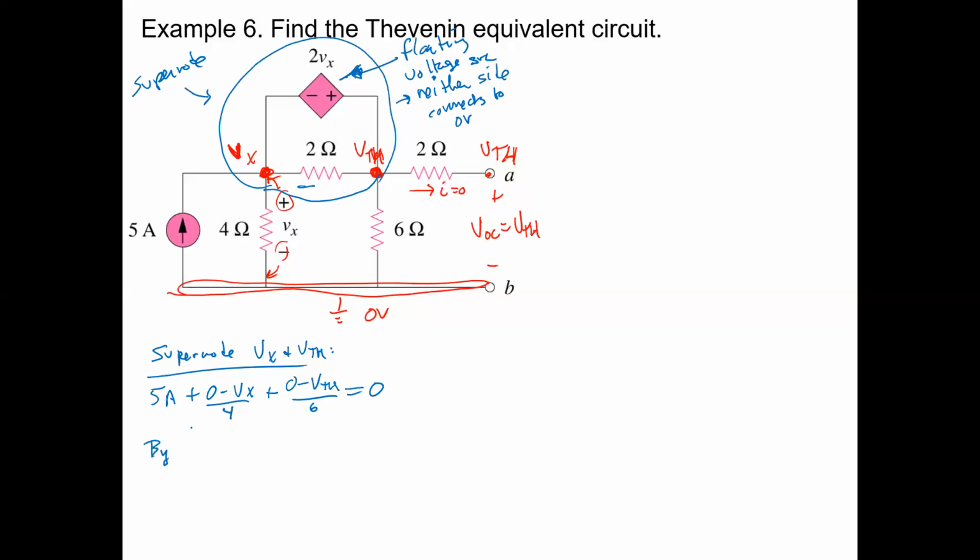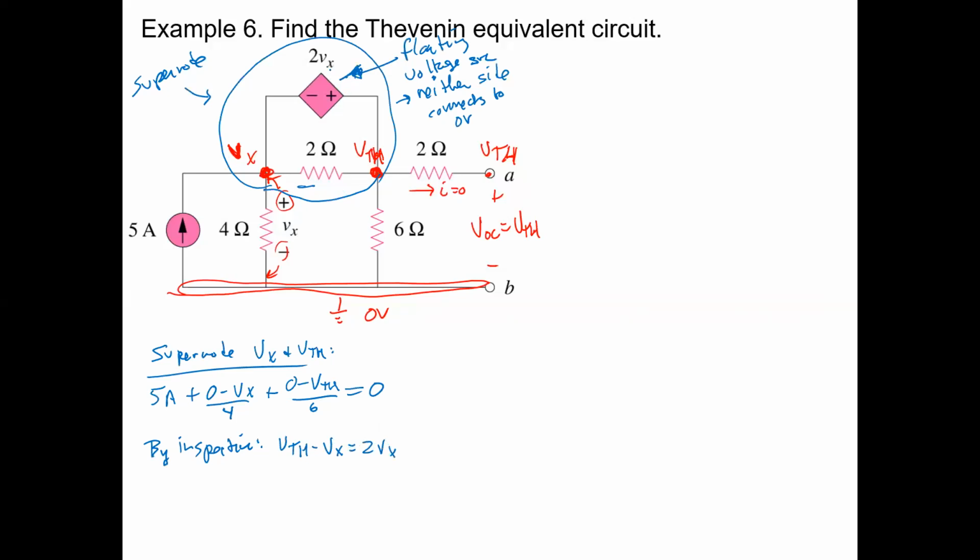Actually, why don't you do the by inspection equation since you asked? That sounds good to me. Everyone agree? VTH minus Vx equals 2Vx. What about the 2 ohm resistor? Well, it doesn't matter because we're talking about voltage potentials.